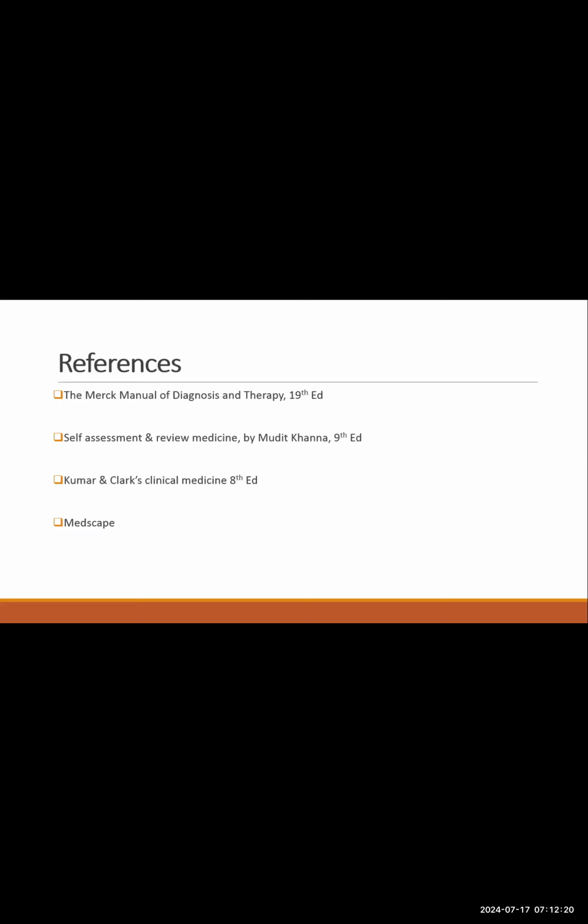But if giving PPIs and histamine receptor antagonists doesn't suffice, we would now go for surgery, like surgical removal of the tumor. So that will now be the final therapy for the patient. If medical therapy doesn't suffice, surgical therapy would now go in, where the peptic ulcer will be excised, and then the tumor will be excised. So that's just an additional thing I have to say.